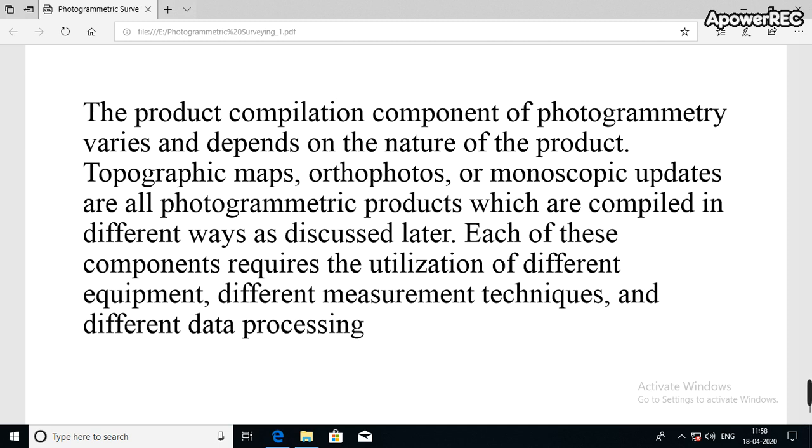If you study this chapter, you will be able to get at least 15 marks from your university exam. This is a very important technique of surveying nowadays, so you need to learn it very carefully.